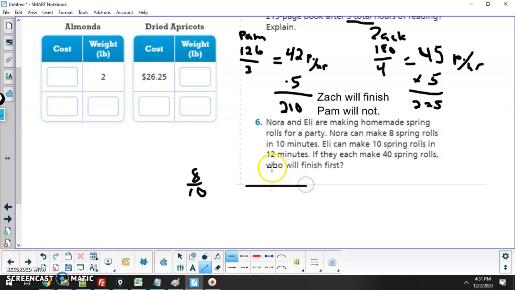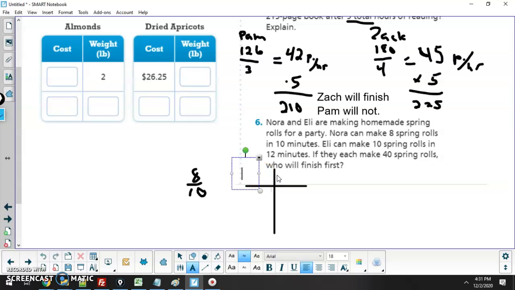So if you think back to the other day, we had this little table. We made a little table of the rates. I think we were filling up water yesterday with the problem we were doing. So Nora has 8 rolls in 10 minutes.